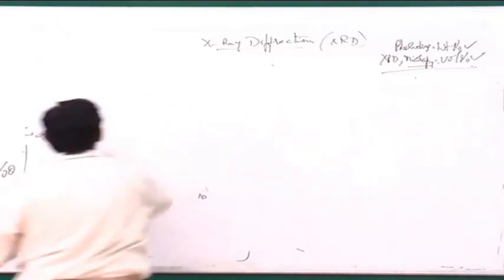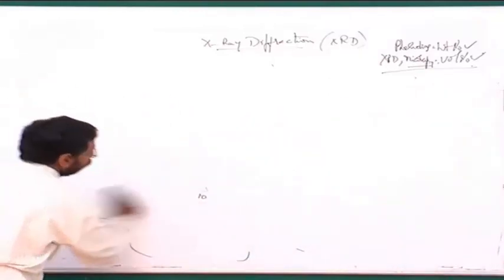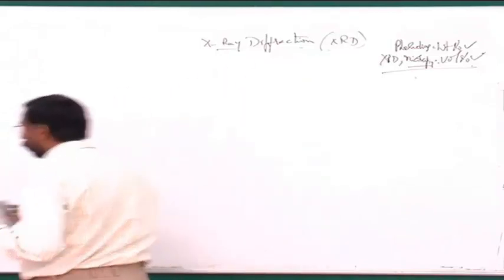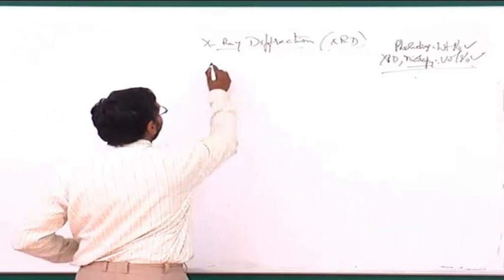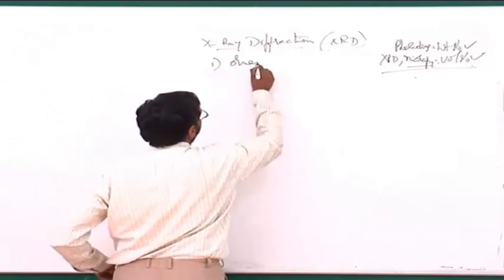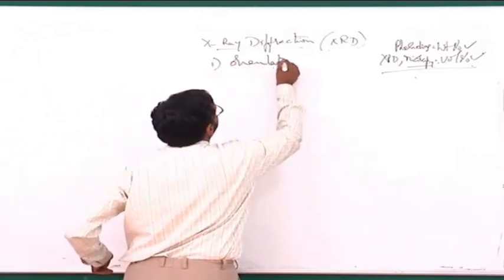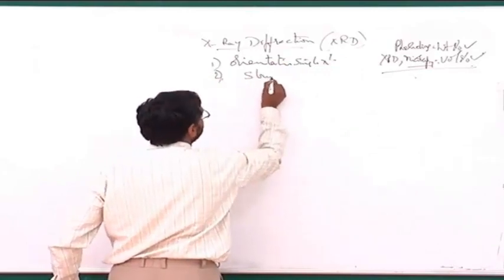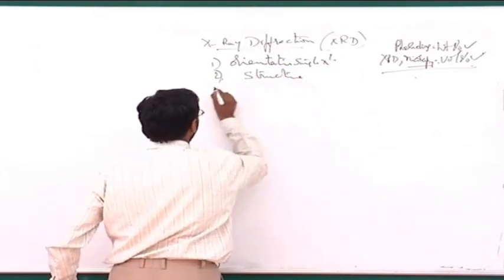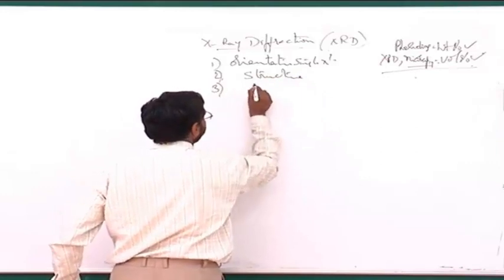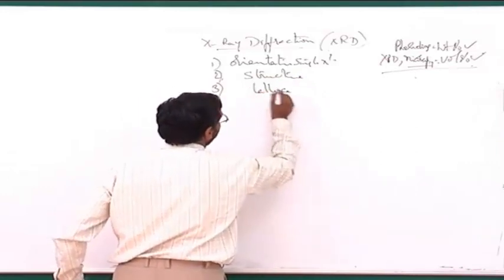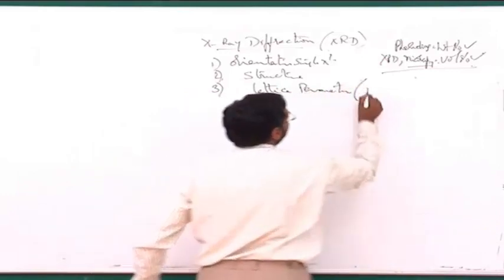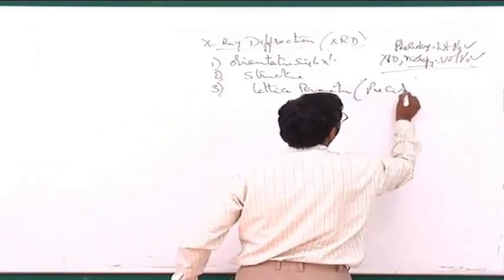Now let's look at what are the other things that X-ray diffraction can do. What are the things we said so far? We said so far that one is the orientation of single crystals. Second is the structure determination. Third is the lattice parameter, including precision lattice parameter, how to calculate it precisely.